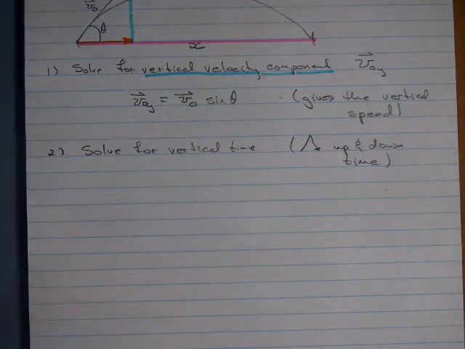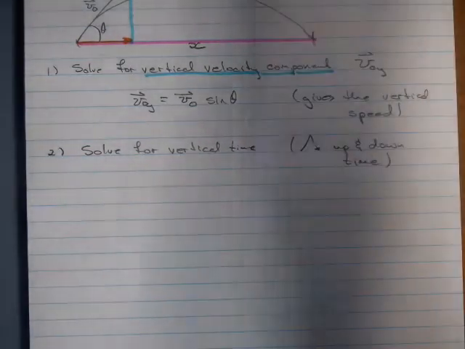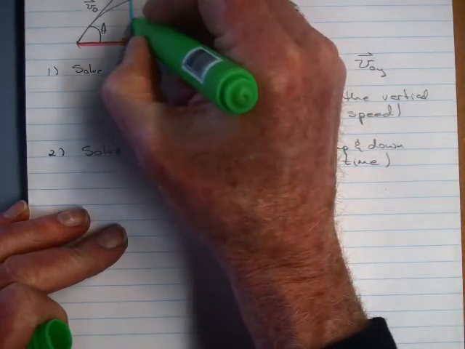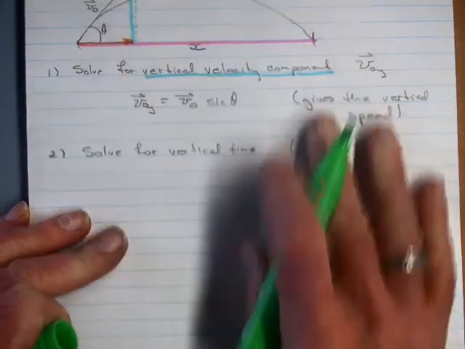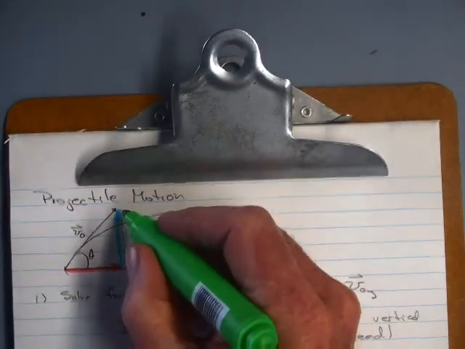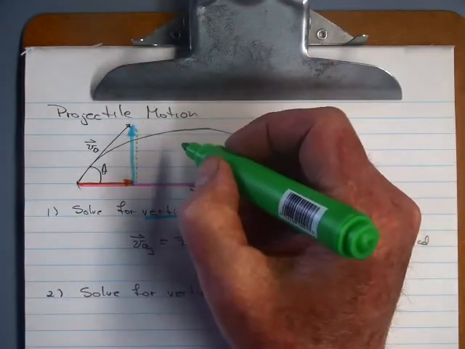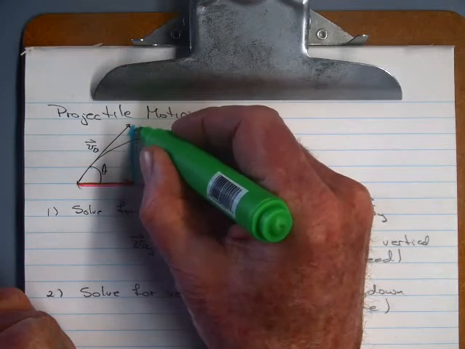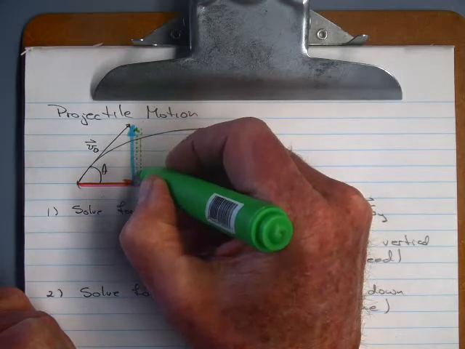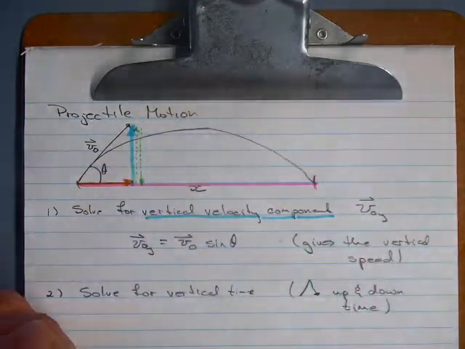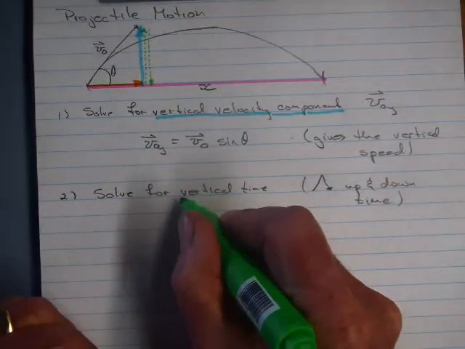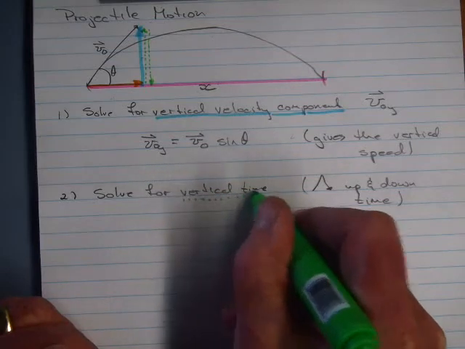I'm going to color code it here. This is for vertical time, both up and down.